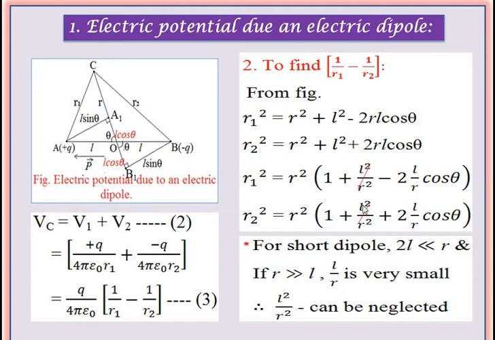Here the term L square divided by R square is neglected, and we get the equations R1 square equal to R square in bracket 1 minus 2L divided by R cos theta, and R2 square is equal to R square in bracket 1 plus 2L divided by R cos theta.